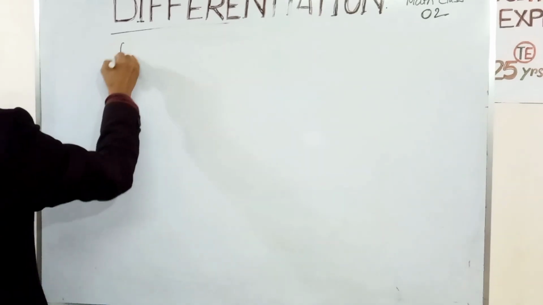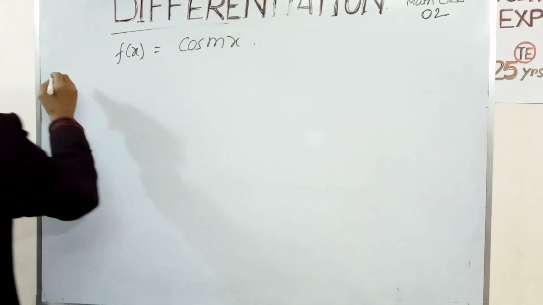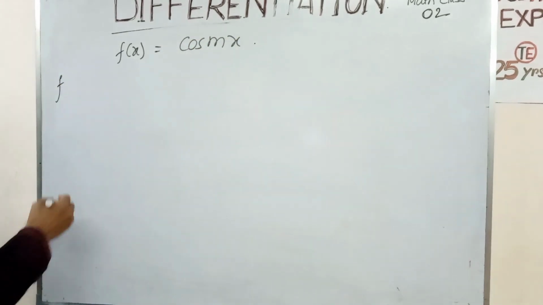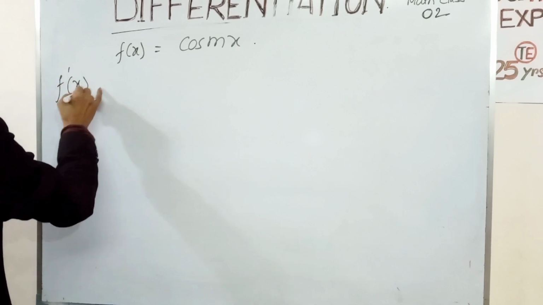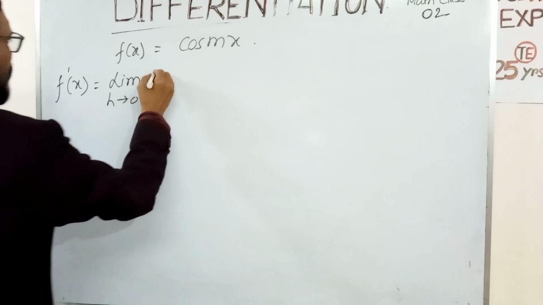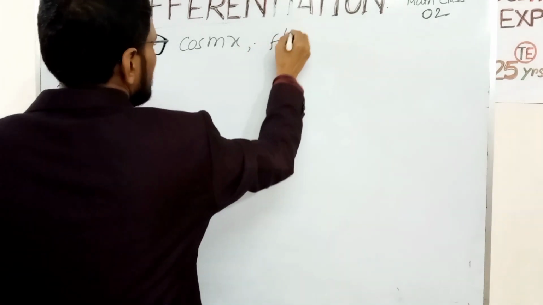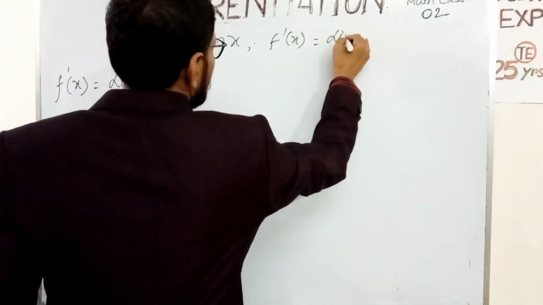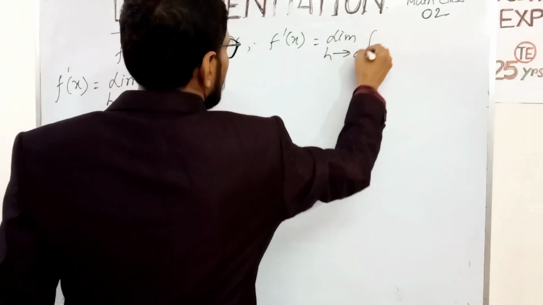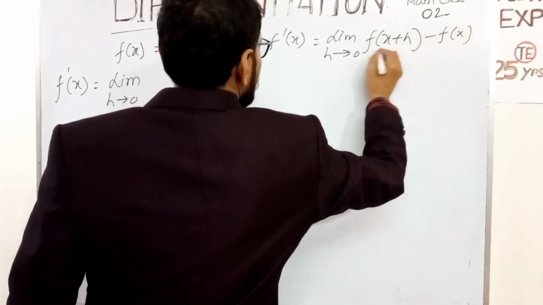Cos mx, f x equals cos mx. So f dash x equals limit h tends to 0 of f of x plus h minus f x by h.